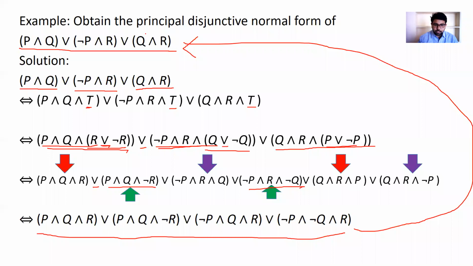Can I go to the principal conjunctive normal form? Is the principal disjunctive normal form okay, or do you have any doubts? Can I move on to the principal conjunctive normal form? Yes, sir. Yes, okay.